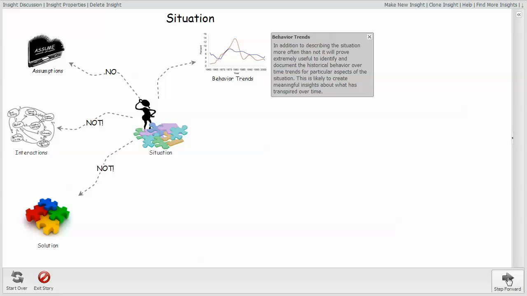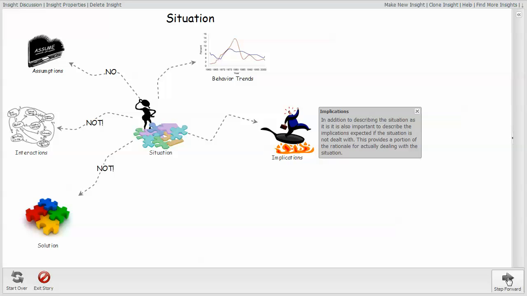So we need to define what the situation is and the manner in which things evolved to get it to that point. And we also need to identify what we believe the implications are of not doing anything.